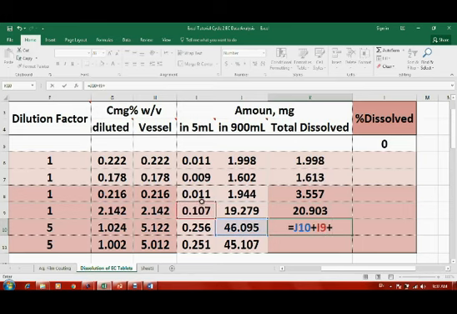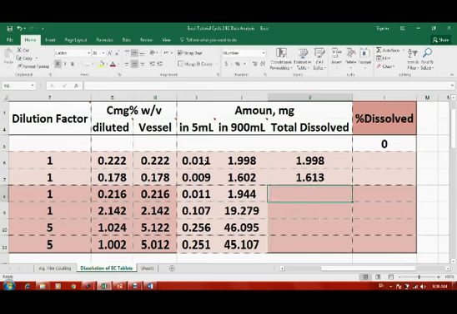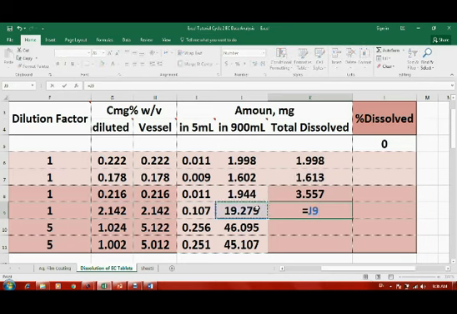While the amount in the second sample withdrawn at the second sampling time in the second stage, SIF, is equal to the amount in 900 ml at the same time plus the amount in the 5 ml sample at the previous time in the same stage plus the total amount dissolved in the previous stage.